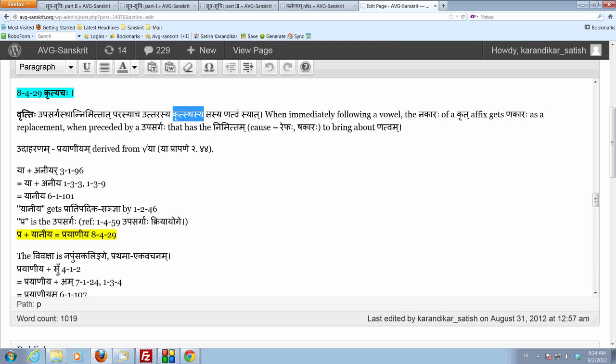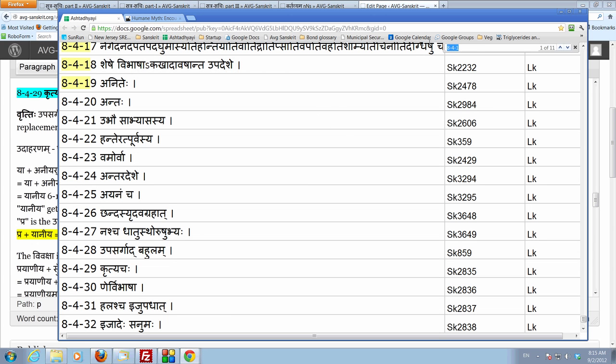Kritsthasya: this nakara should be part of a krit pratyaya. So that's the first condition here. This sutram only applies if the nakara is part of a krit affix. Now, of course, we know the section Kridating, which starts from 3193.